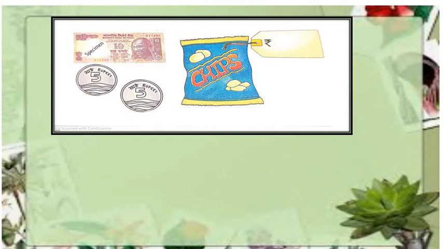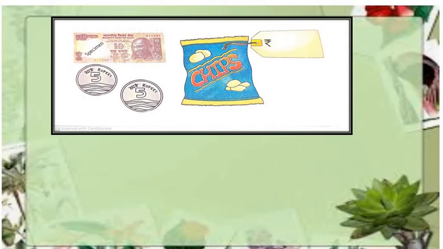We have a 10 rupee note, 5 rupee coin and one more 5 rupees coin. So 10 plus 5, 15. 15 plus 5, 20. So we can say that the packet of these chips is of 20 rupees.